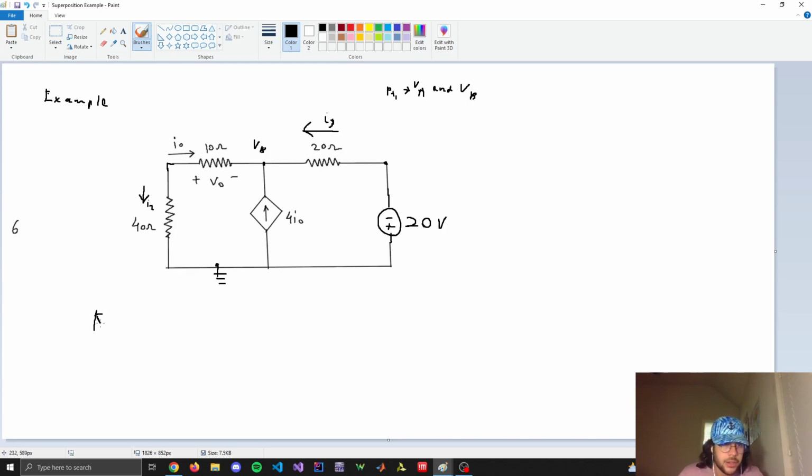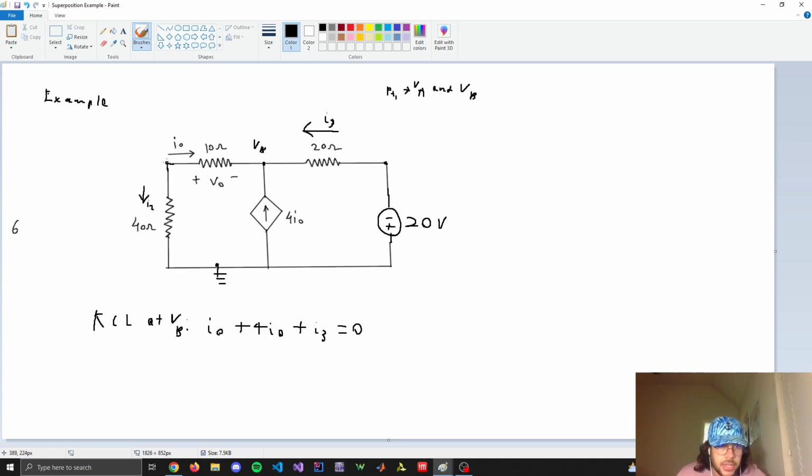So I'll write the KCL at VB. They're all going into the node, so they all sum to 0. I0 plus 4 I0 plus I3 equals 0.